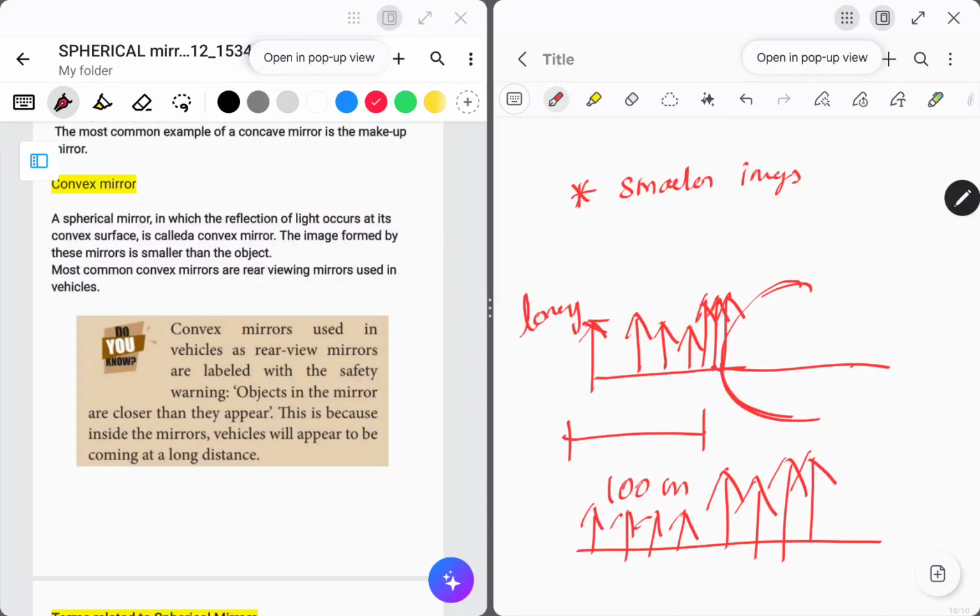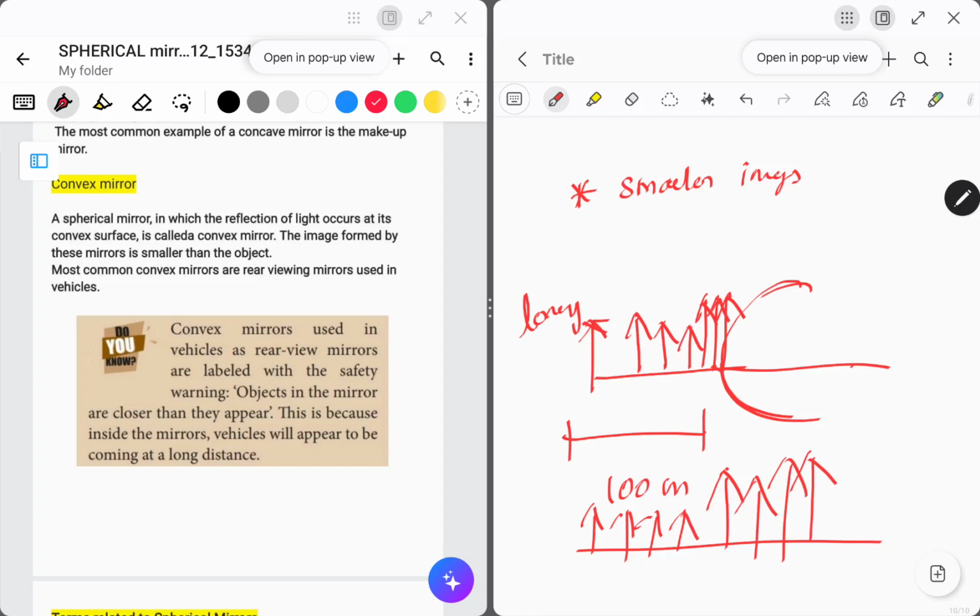All these images using ray diagrams we will see in upcoming videos. That's why we write that objects in the mirror are closer than they appear, because inside the mirror vehicles appear to be coming from a long distance, as a convex mirror shows a very large area.